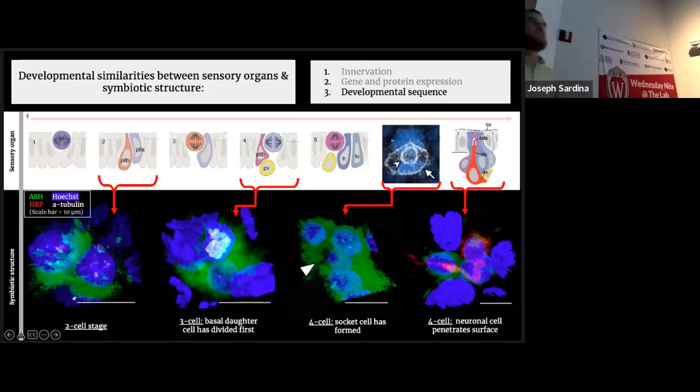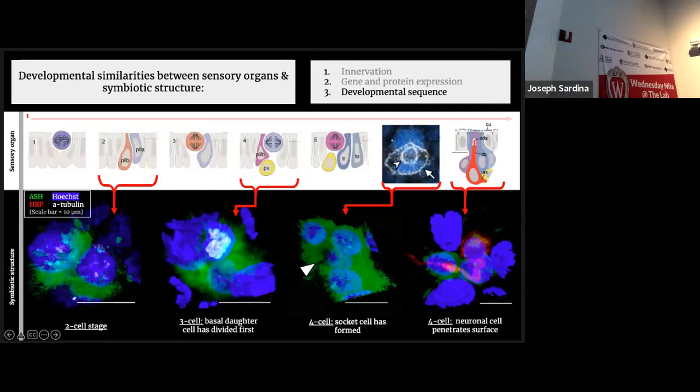But it starts to get interesting at the 4-cell stage. In the sensory organ, there's the formation of the socket cell that I mentioned early on in the hair. This is the invagination that the hair shaft will push up from underneath. And I think I'm seeing socket cell formation as well in the symbiotic structure.